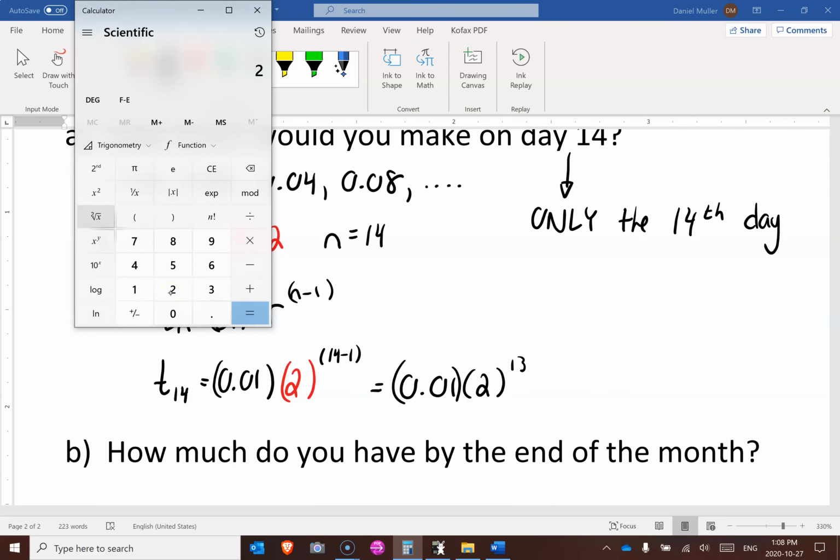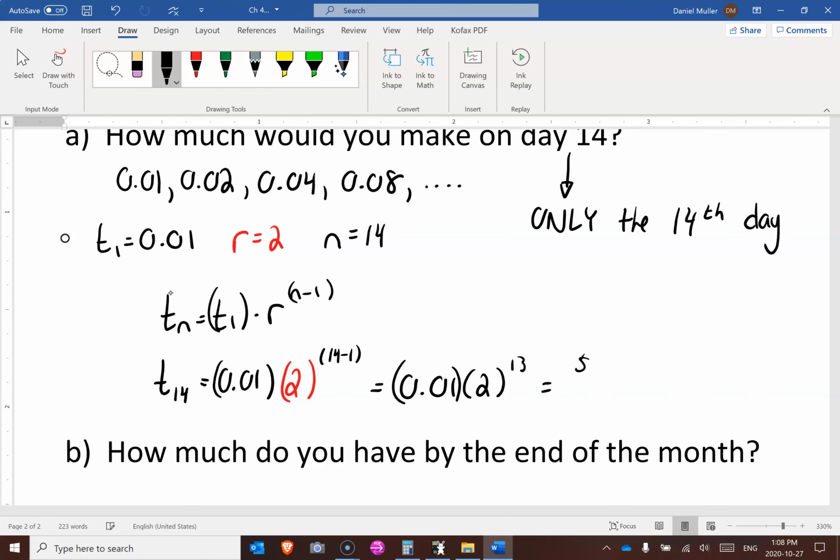So 2 to the power of 13, big number, but then times that by 0.01. So $81.92. So on that day alone, just under halfway, I've made, not made because it's being gifted to me, but I've been gifted $81.92.